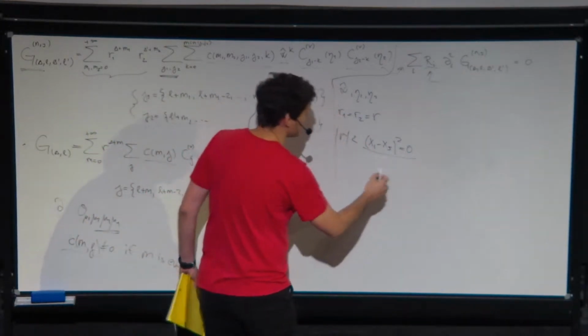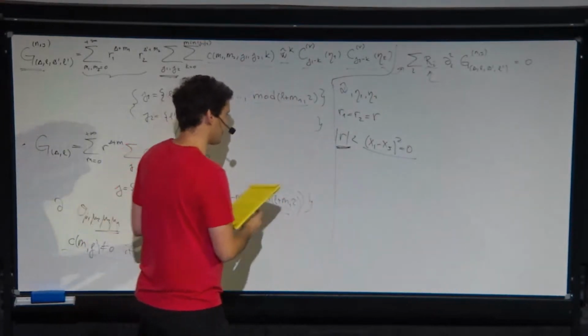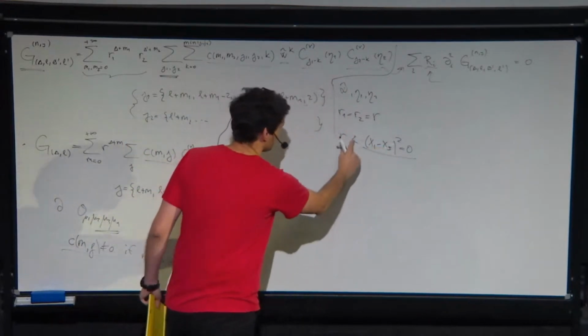When you consider this equation, you might get complex R, but you need to take all R's that are less than the absolute value of the R defined here.